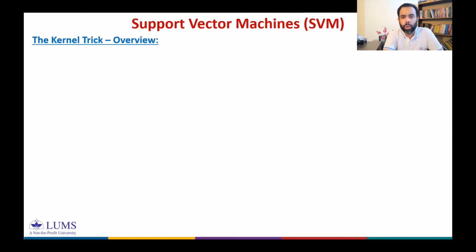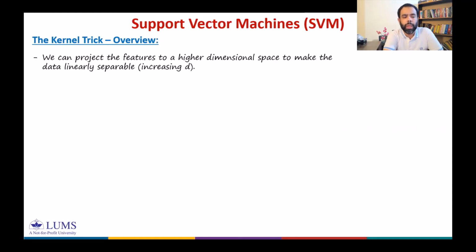Okay, the overview of the kernel trick. When we project the features to a higher dimensional feature space to make the data linearly separable, this is equivalent to increasing the number of features, or increasing the dimensionality of the feature space.